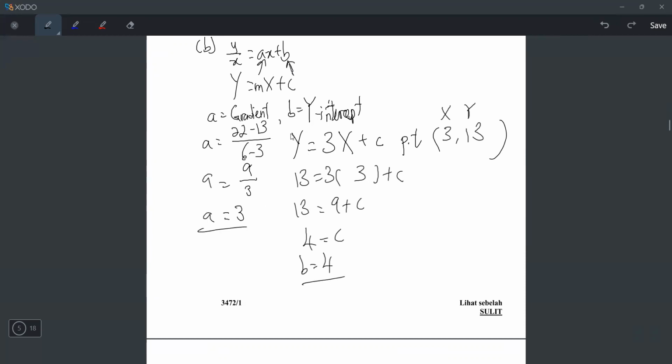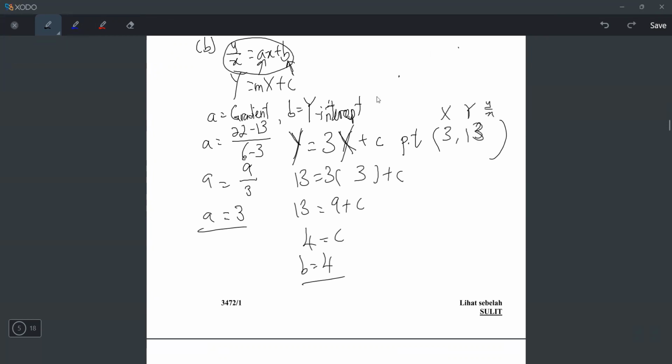Let me explain a little bit why I use capital letters here. Because I'm afraid that if I don't use capital letters, if I write y over x, a plus b, 3x plus b, some students might go and take 13 divided by 3. But you don't have to do that, because this 13 is already y over x.